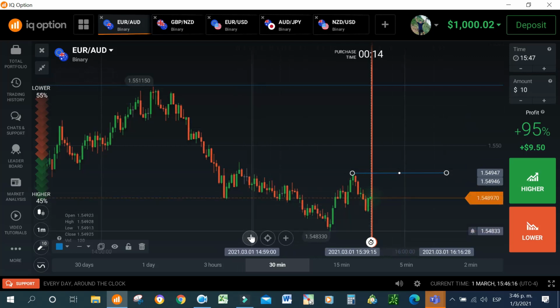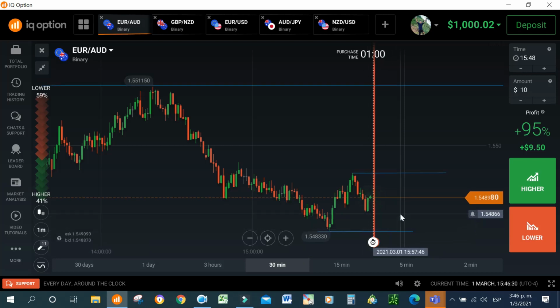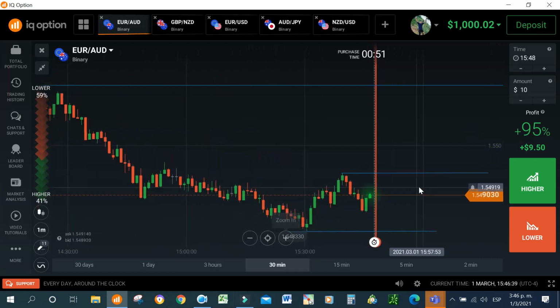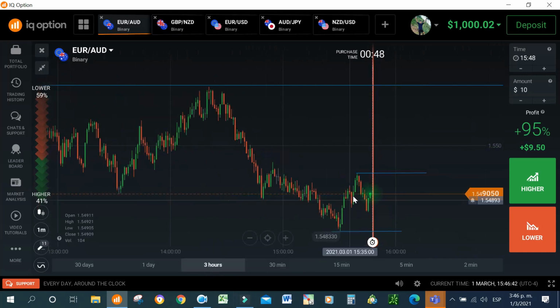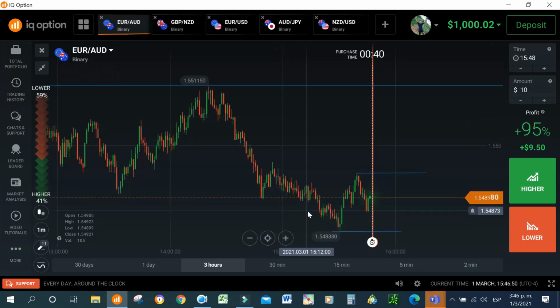You can see these two vertical lines. Each vertical line represents 3 hours. So inside 3 hours we have two very important levels.